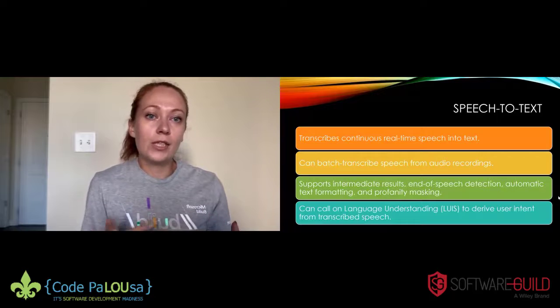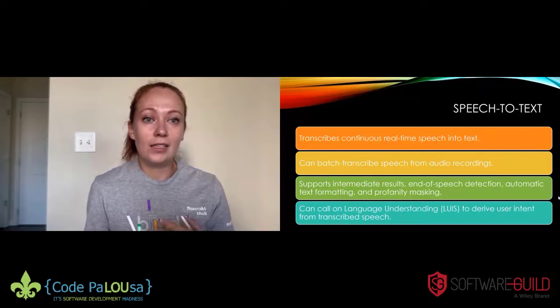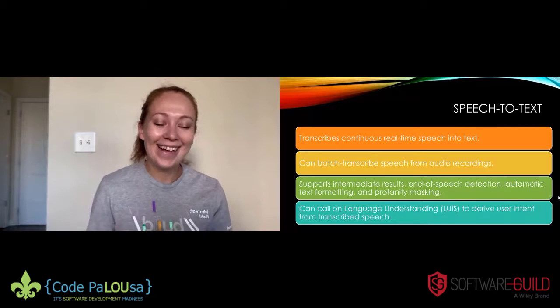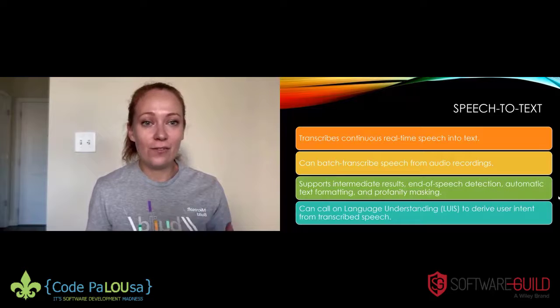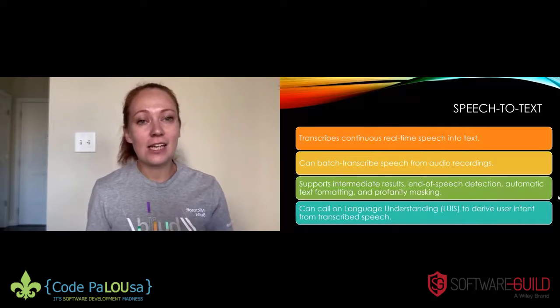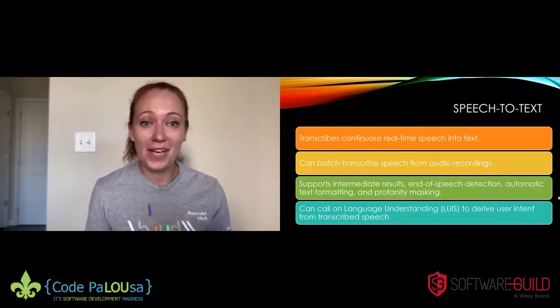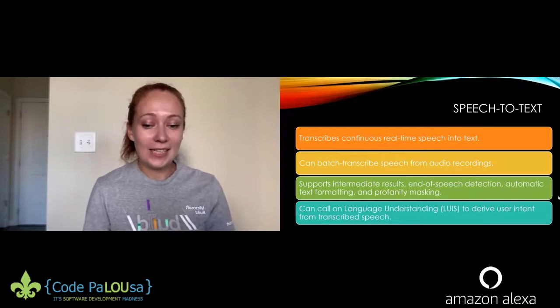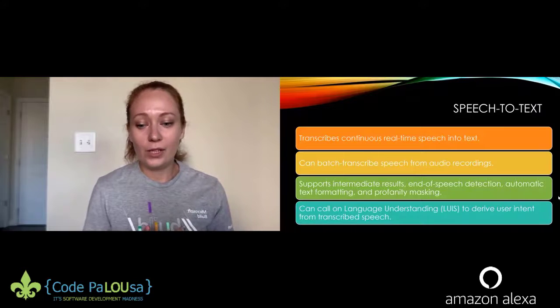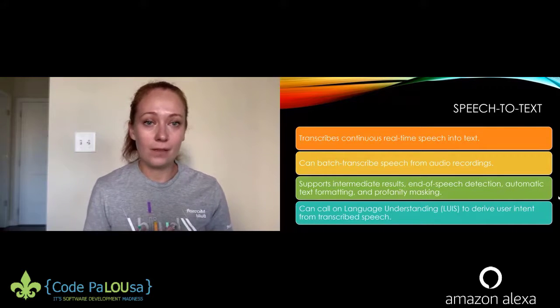So when the user stops talking and it is clearly the end of the monologue or dialogue, it can actually stop listening to save your resources and save you some money. And then the next one is automatic text formatting. So it will include punctuation, pretty cool. And also it has profanity masking.